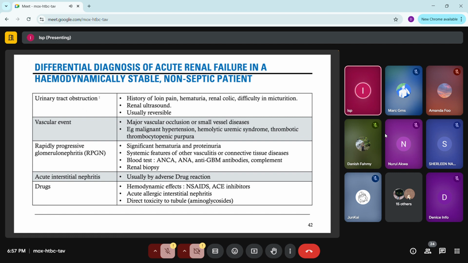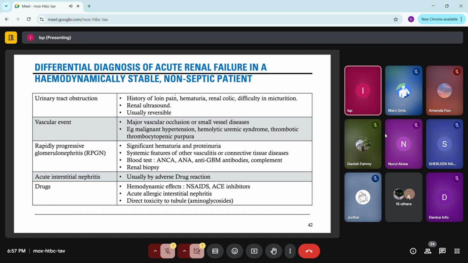So the first line workup will be getting the history of obstructive symptoms, like any loin to groin pain that suggests renal stone, any renal colic pain, and hematuria. Those are the symptoms suggestive of renal stones. Then you want to ask the symptoms of BPH, suggestive of obstructive causes. Then renal ultrasound will be important here to rule out obstructive causes.